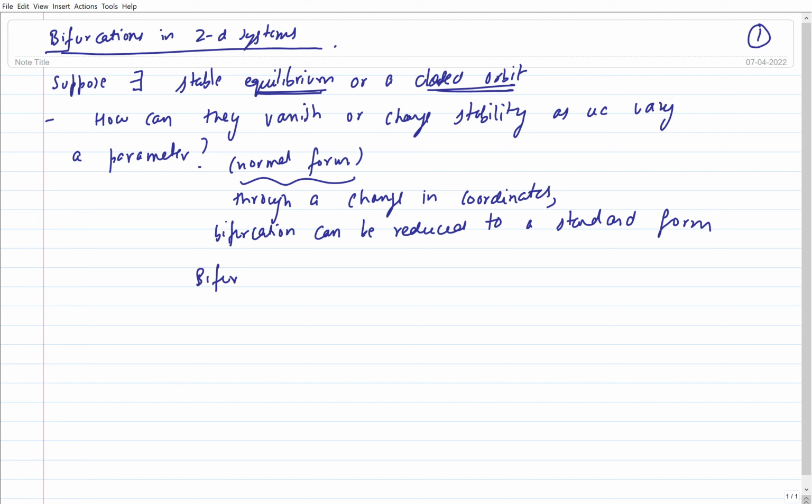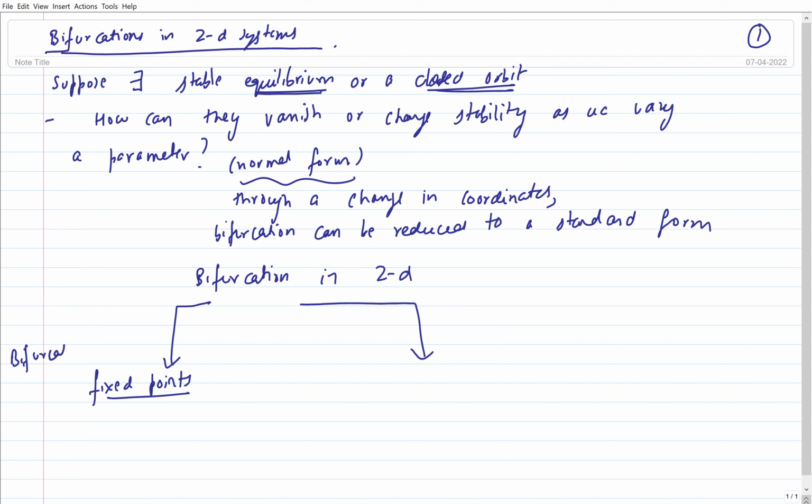So bifurcation in 2D, essentially we are going to study bifurcations related to fixed points, around fixed points, bifurcation of fixed points, and also bifurcation of periodic orbits.